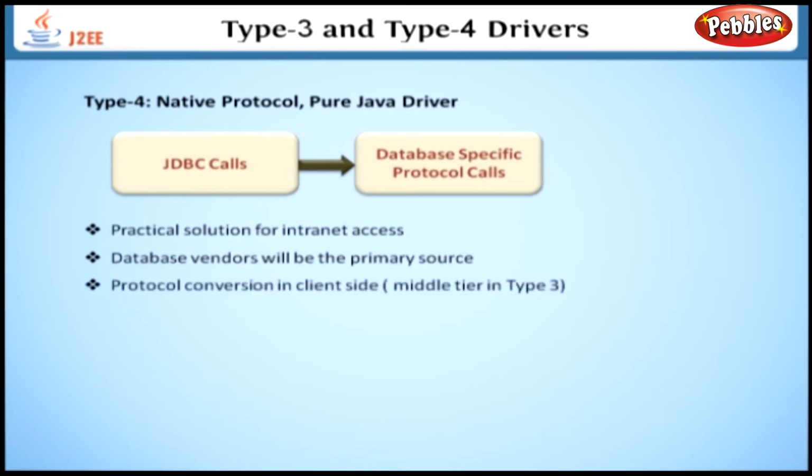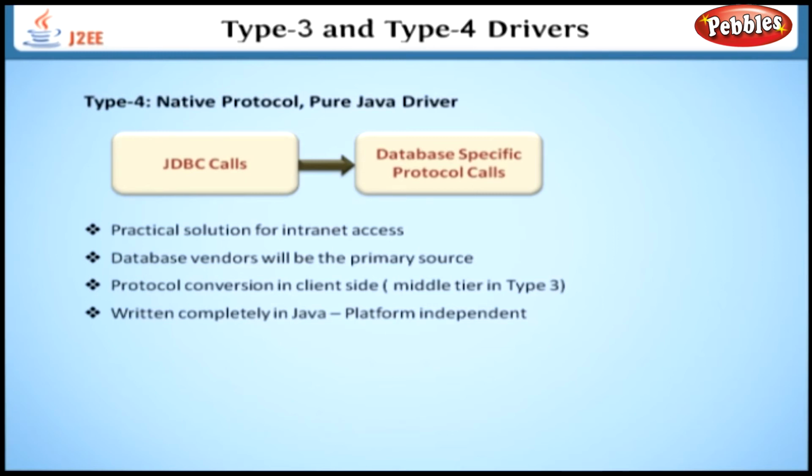Here the protocol conversion is present on the client side, but in the Type 3 driver it is in the middle tier. Like Type 3 drivers, the Type 4 drivers are also written completely in Java, so it is also platform independent. This driver is installed inside the Java virtual machine of the client.